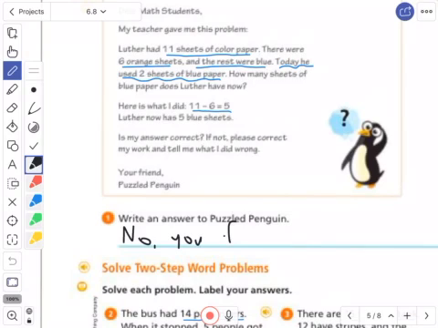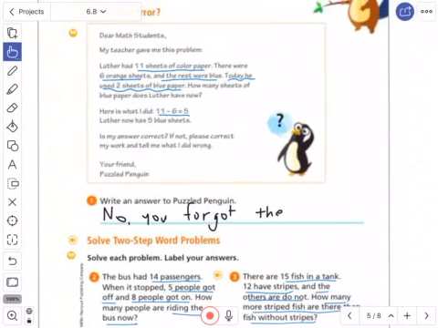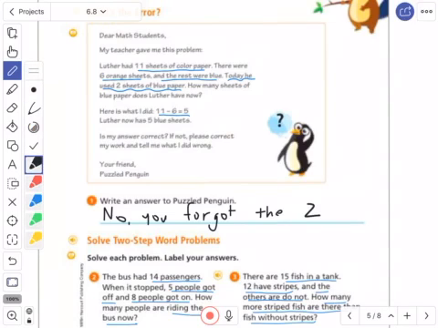You forgot the second step with the two sheets.